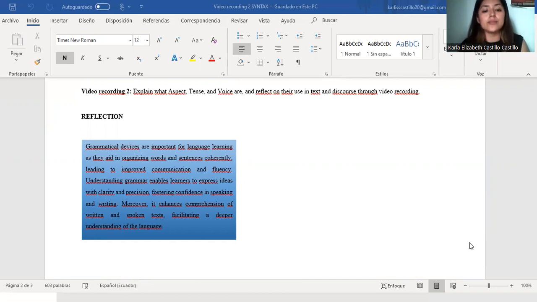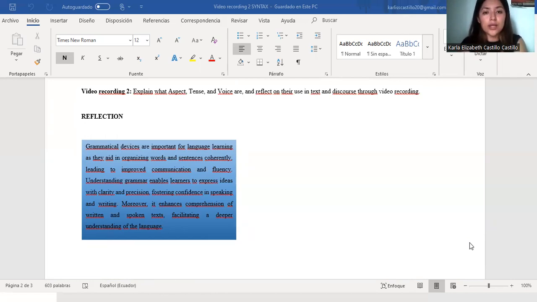Understanding grammar enables learners to express ideas with clarity and precision, fostering confidence in speaking and writing. Moreover, it enhances comprehension of writing and spoken text, facilitating a deeper understanding of the language.